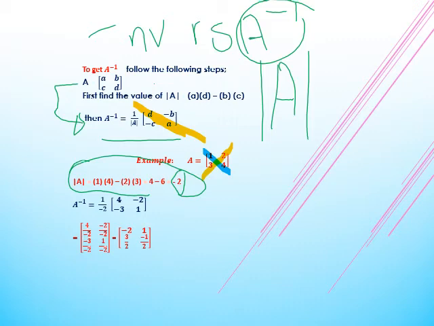So for A and D, we will get D in the first position and A in the last position in the matrix. And for the other diagonal, we will keep the location the same and change the signs only.